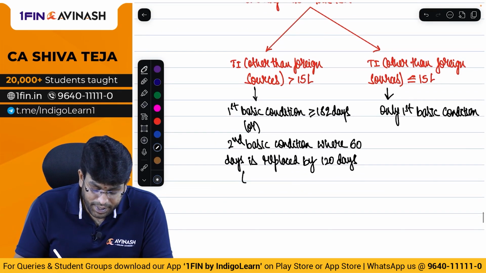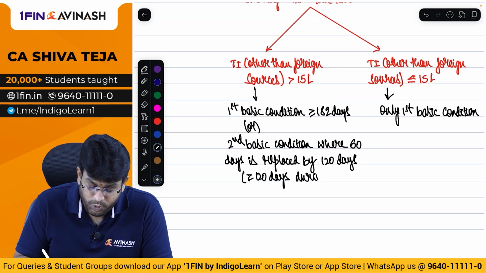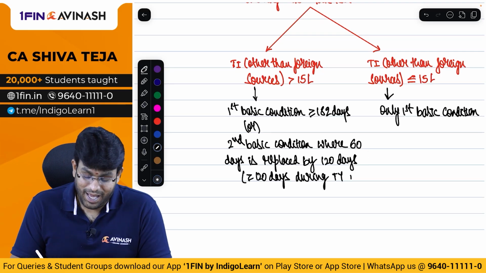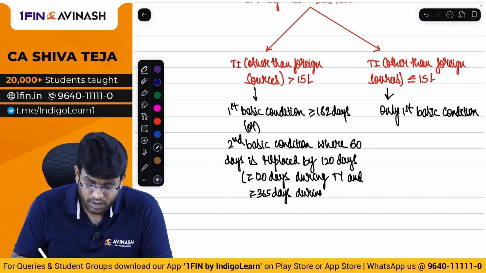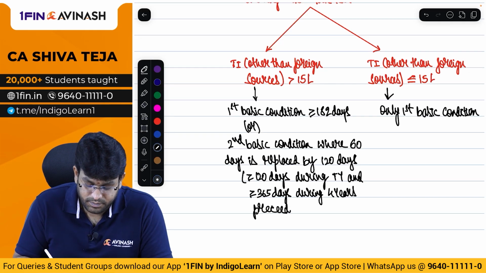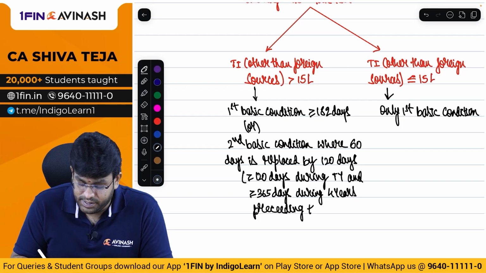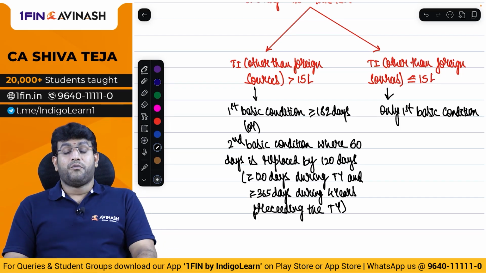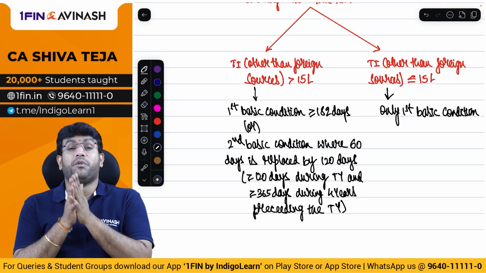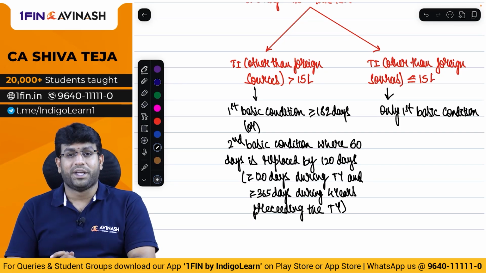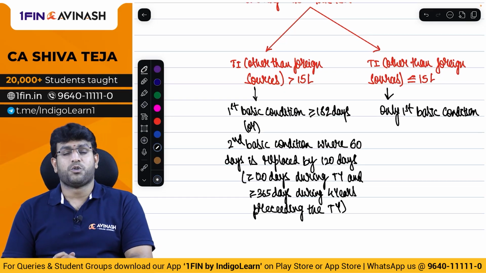That means greater than or equal to 120 days during the tax year and greater or equal to 365 days during the 4 years preceding the tax year. Friends, clarity is very much required here. Please don't get yourself confused. Please get very much convinced. I will solve a lot of questions. Don't worry. During the lecture, we'll discuss so many questions also. Don't worry at all.